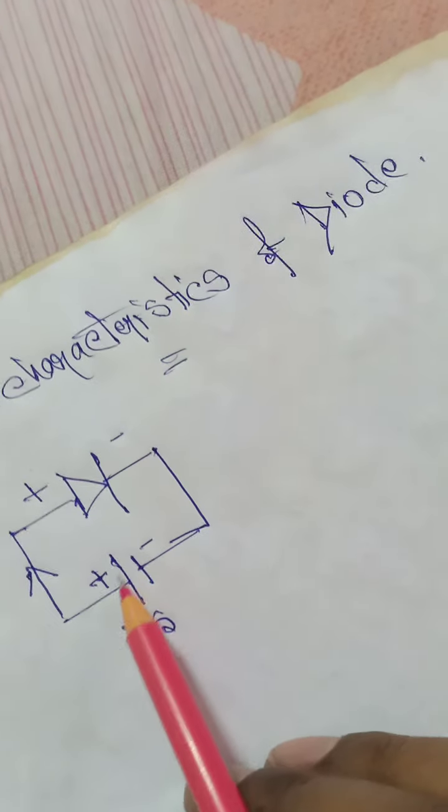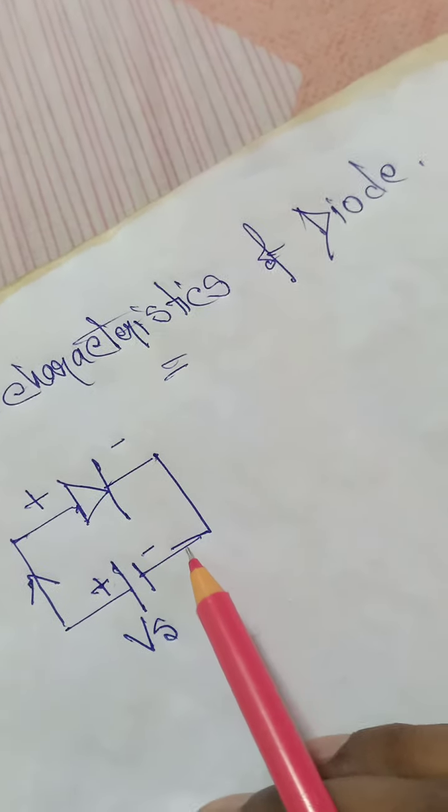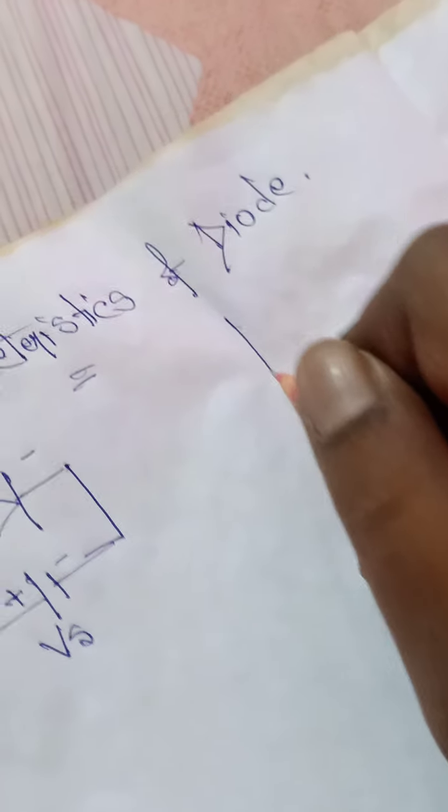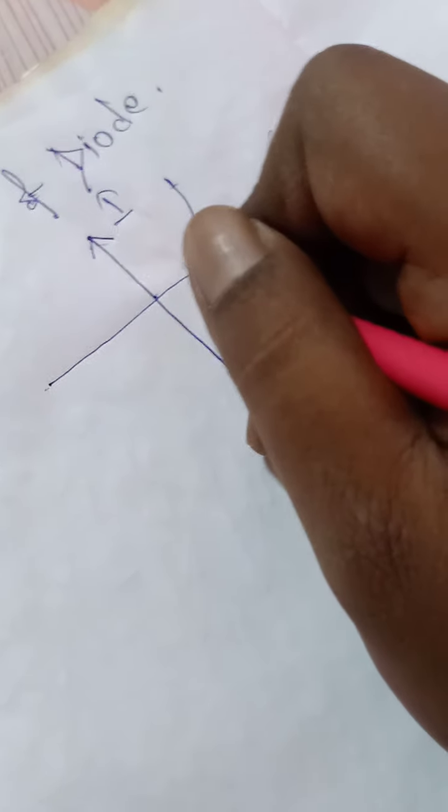What will happen here when the anode is positive with respect to the cathode? The diode is said to be forward biased. I'm giving a VI characteristics, you can understand. The curve is like this, right?